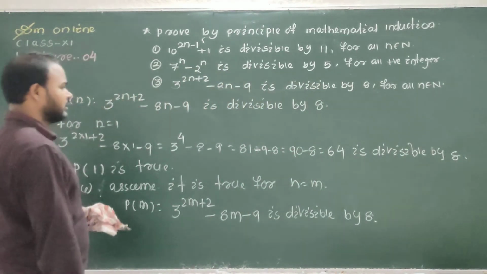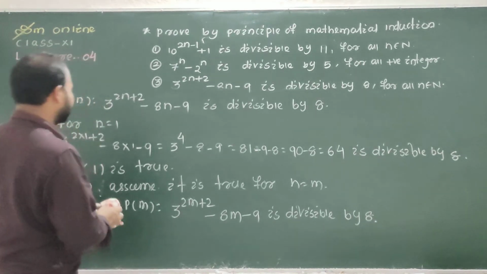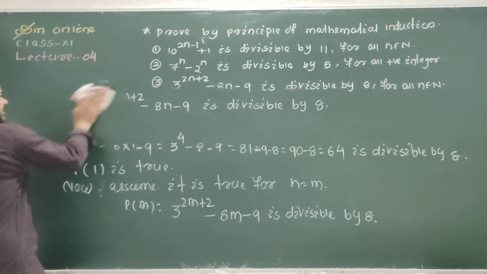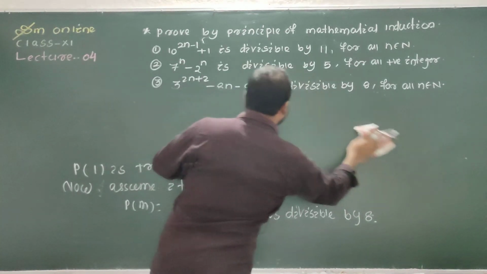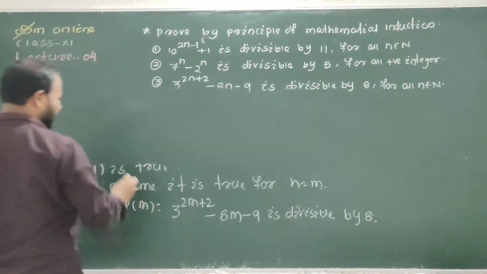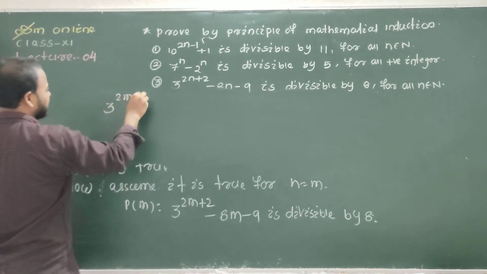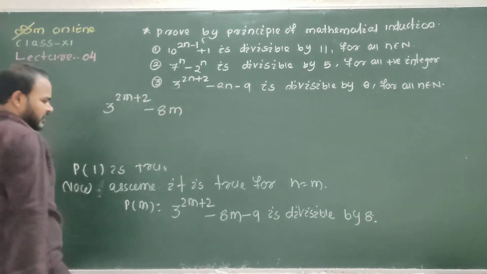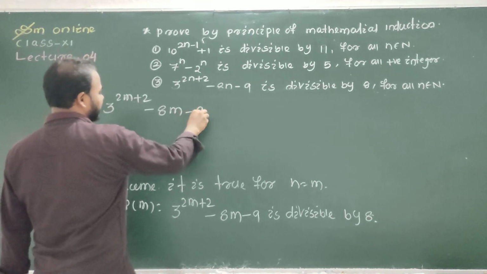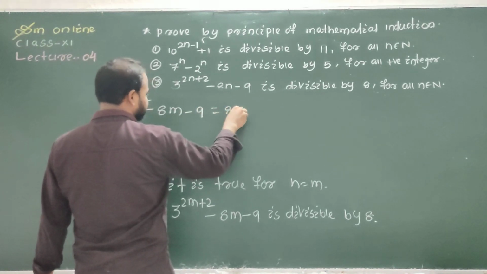So if it is divisible by 8, then we can write that 3 to the power 2m plus 2 minus 8m minus 9 equals 8 into k.